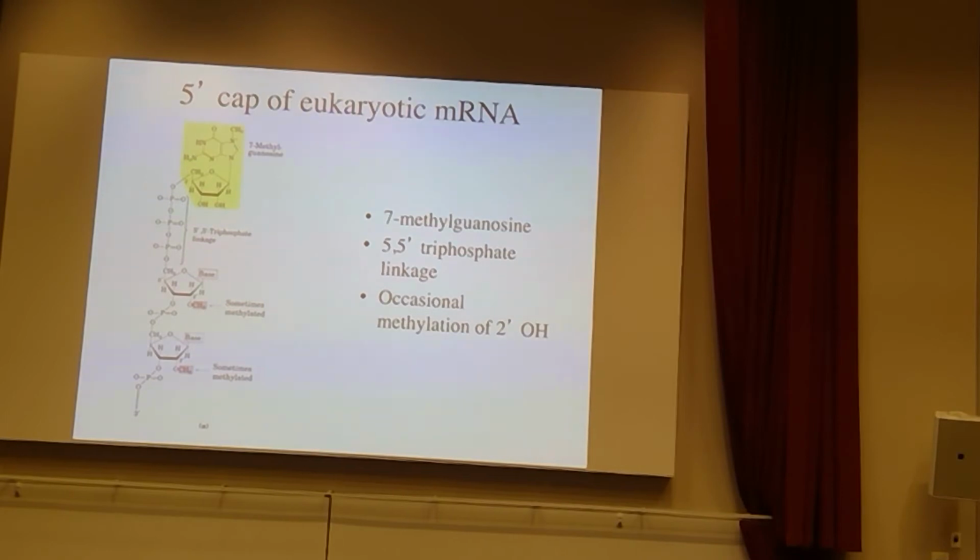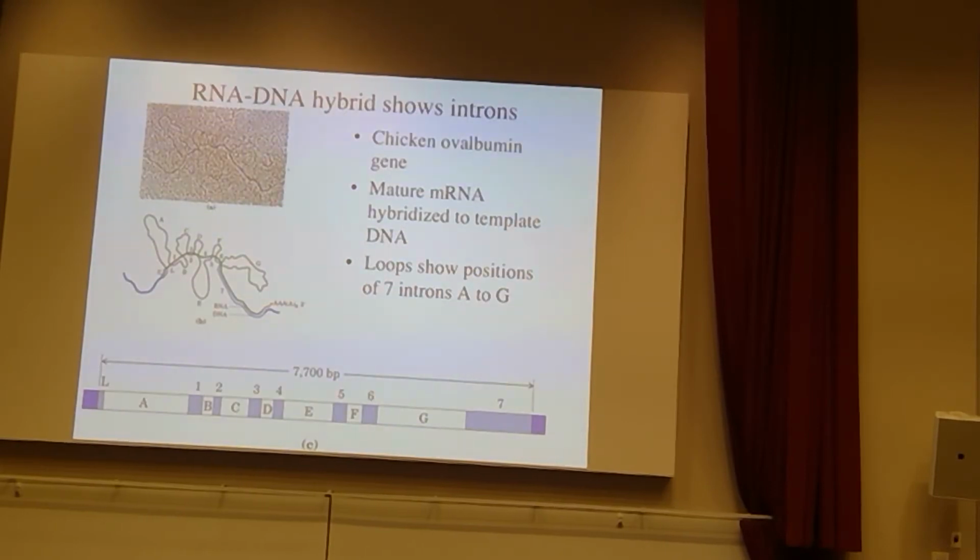It's actually a triphosphate linkage that extends from one 5' hydroxyl of the RNA polymer product to the 5' hydroxyl of the 7-methyl guanosine position. And then also sometimes this 2' hydroxyl on the ribose rings at the 5' end is also methylated.